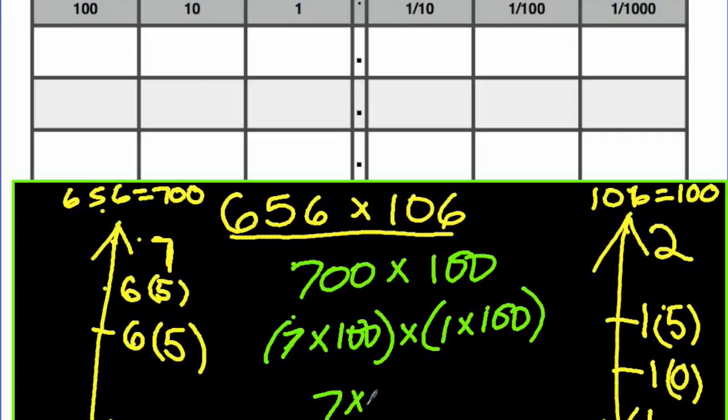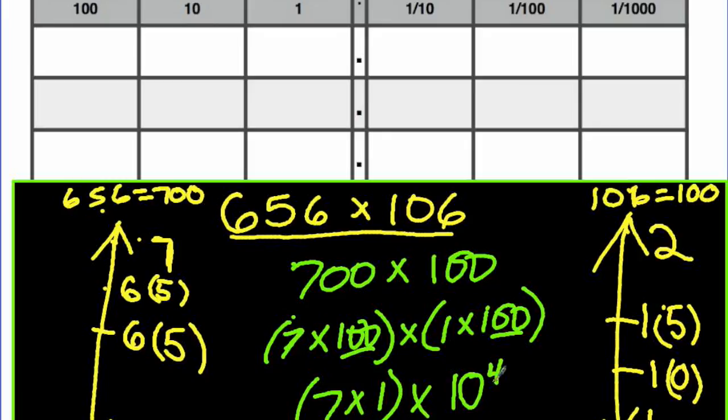7 times 1 times, instead of writing out 100 times 100, I'm just going to put 10 to the power of, what power do we have here? Ten to the power of 4, because there's 4 zeros and 2 hundreds, isn't there?